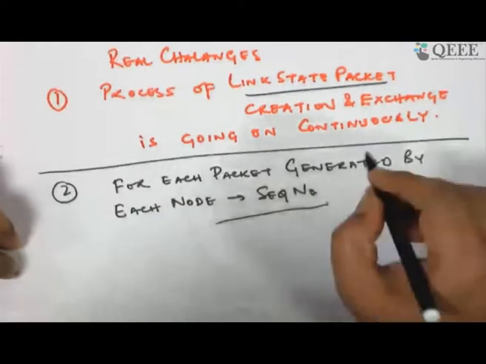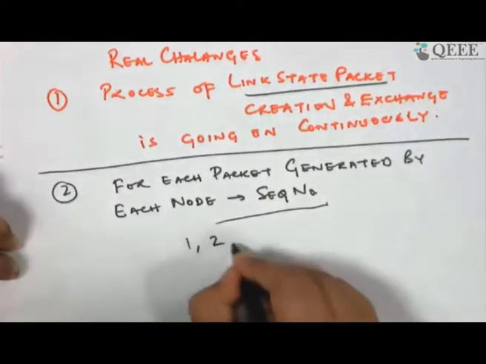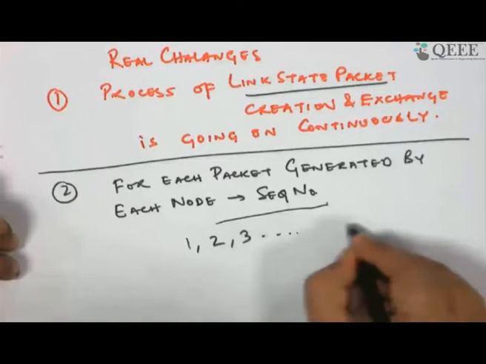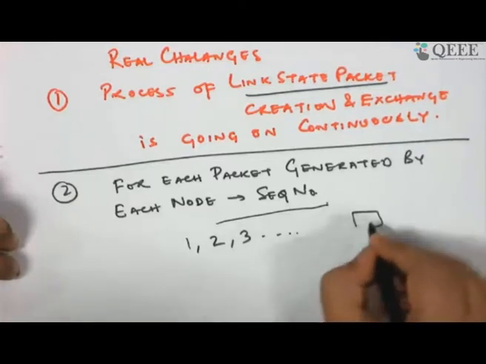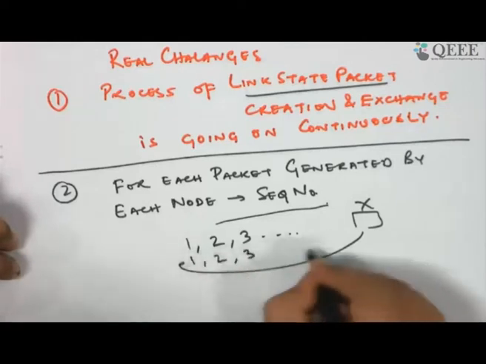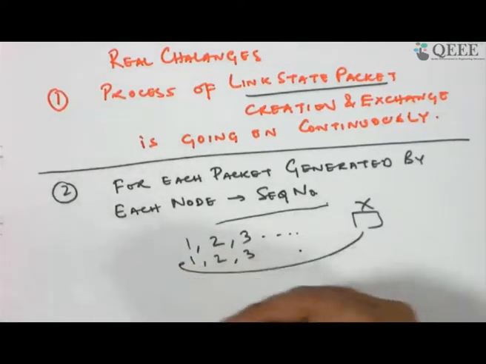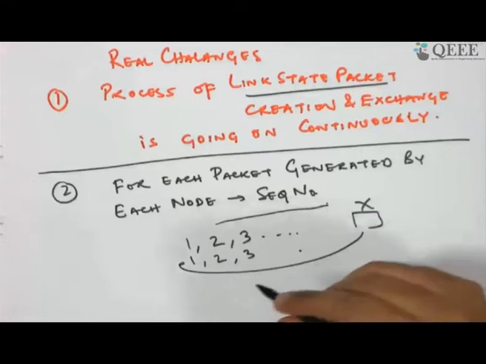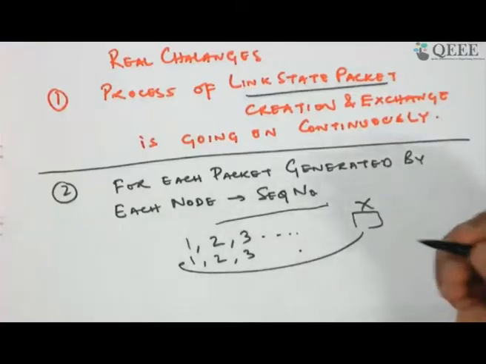And then what can happen? You will give sequence number 1, 2, 3, and then it will hit some limit, and then again you have to give 1, 2, 3, 4. Now, why is the sequence number important? Let us think.